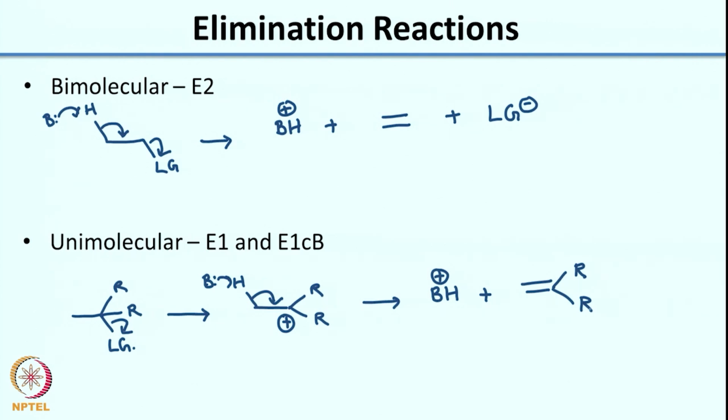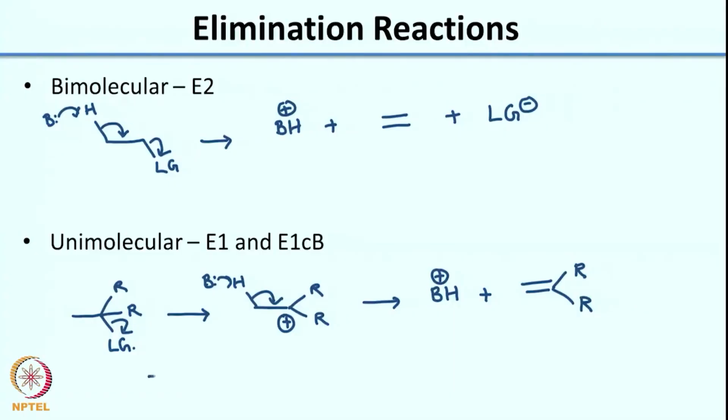Now, in E1cB, what happens is you have an intermediate which is stabilized, a stabilized conjugate base. So you can think of EWG as an electron withdrawing group, a situation like this.